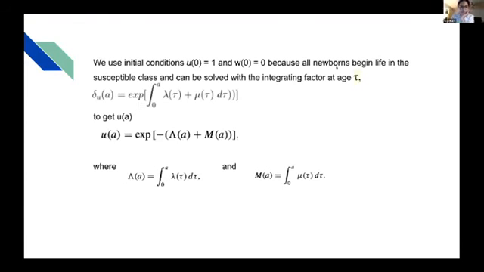So we have the exponential of the integral of lambda of tau, and then we're trying to get to u of A. Then we take the exponential again, with the capital lambda being the integral of lambda, and that's how you get capital M of A as well. Okay, let's continue.